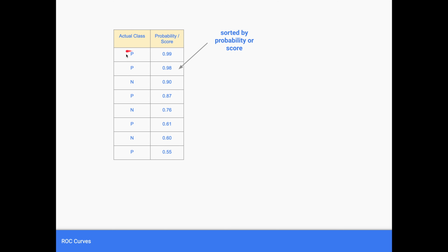So this data does have an actual class of positive, and it was assigned a score with a probability of 0.99, so very certain. Don't know what that score is yet, but that doesn't matter actually. And here near the bottom of the table, the score that was given was quite moderate at 0.55, so fairly uncertain.